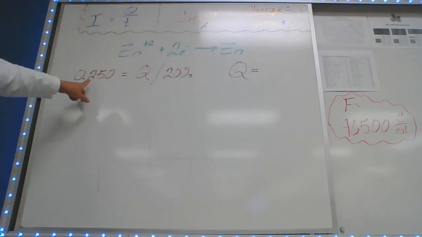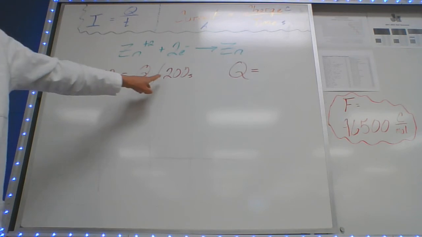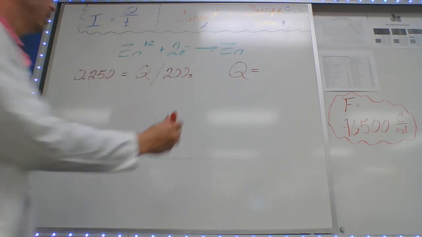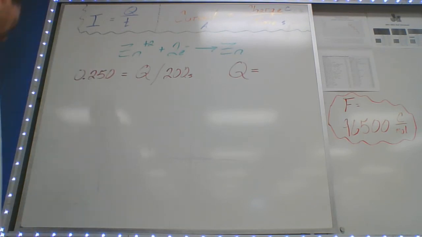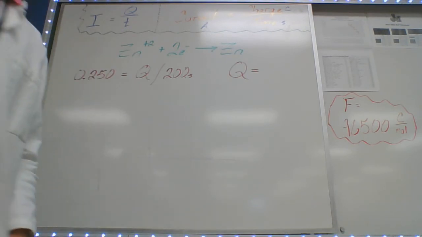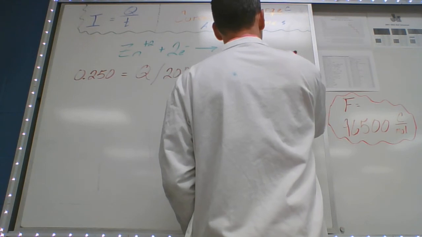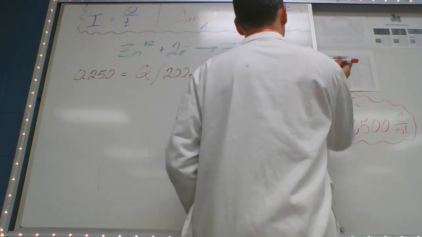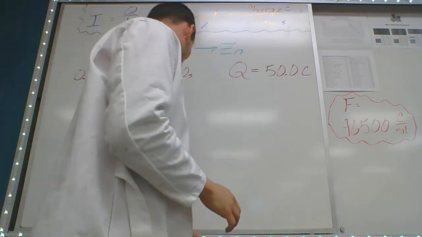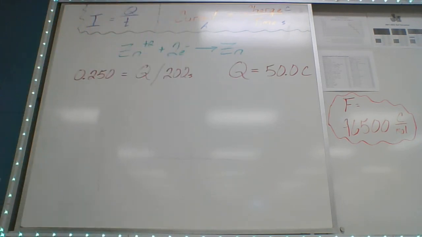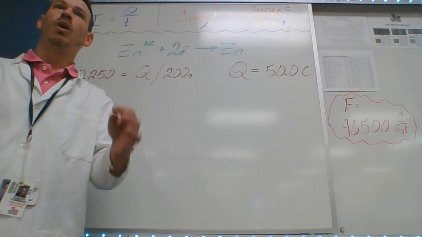All right, so ultimately, when you figure out the algebra, it should just be 0.25 times 200, right? Did you get 50? All right, got 50 coulombs there. But it doesn't want that, it wants grams.